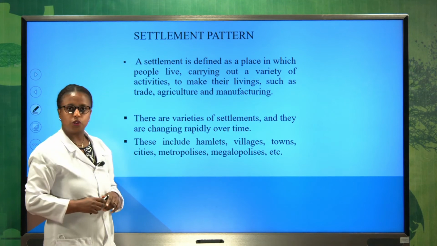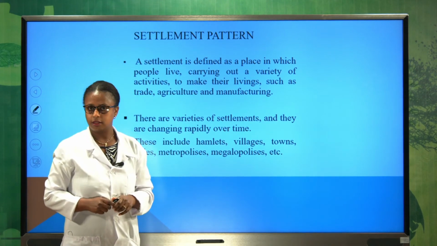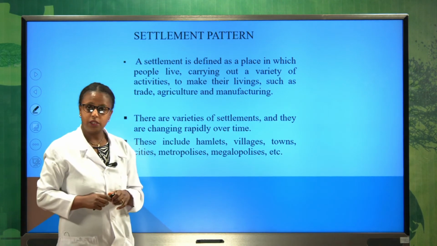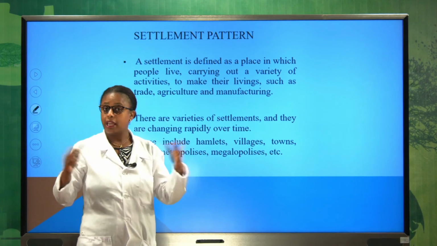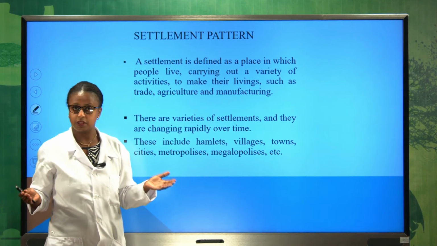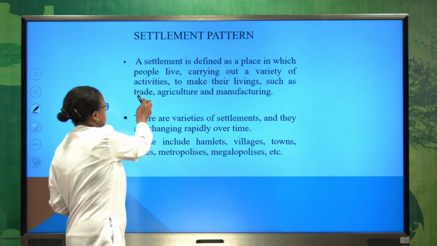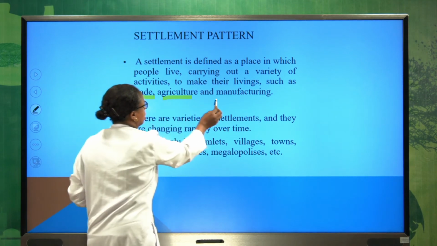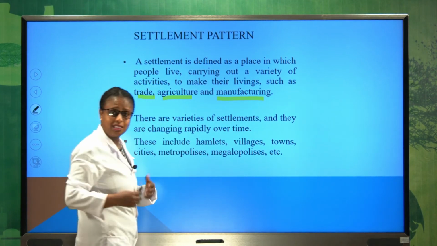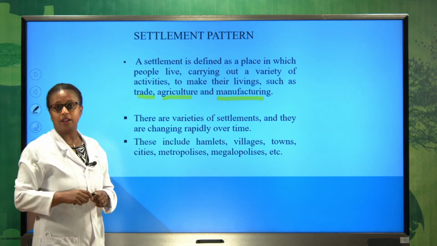Now let us proceed to settlement patterns. Settlement is the place in which people live, carrying out their different activities such as trade, agriculture, manufacturing, and other activities to make their living.